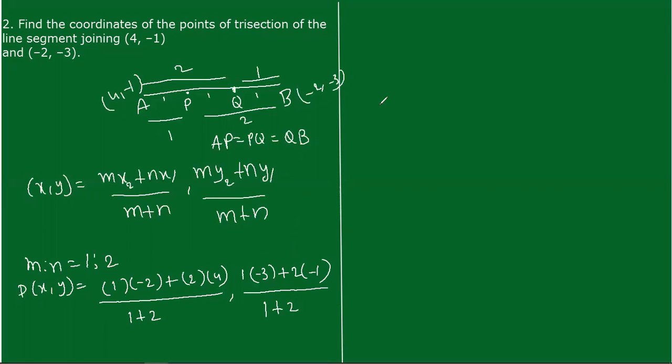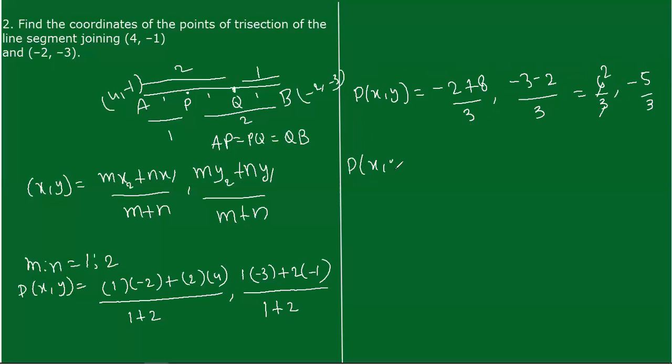So P(x, y) is equal to (1 into -2 plus 2 times 4 is 8) by 3, and (-3 minus 2) by 3. So 8 minus 2 is 6, 6 by 3, and -5 by 3. Finally the point (x, y) is (2, -5/3). This is the P point.